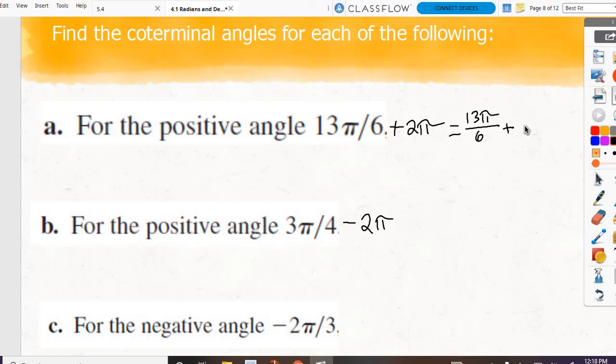If I just multiply by 6, I would get 12 pi. You have to multiply that denominator by 6. Correct. I need to multiply by 6 over 6, because then I didn't technically change the value of it, I just changed the way it looks. And then what does that equal? 25 pi over 6.